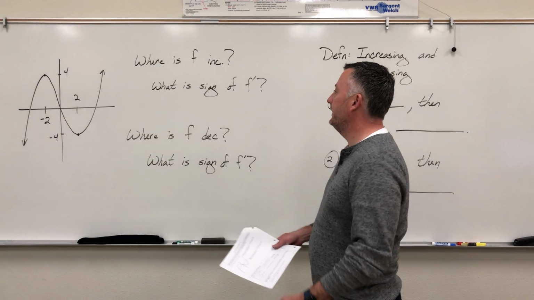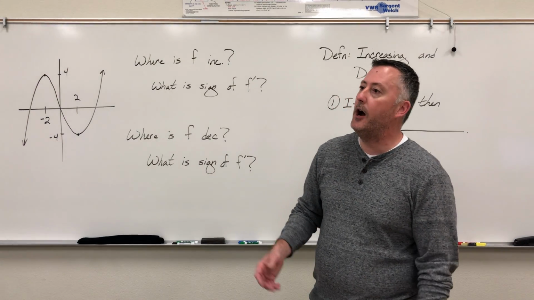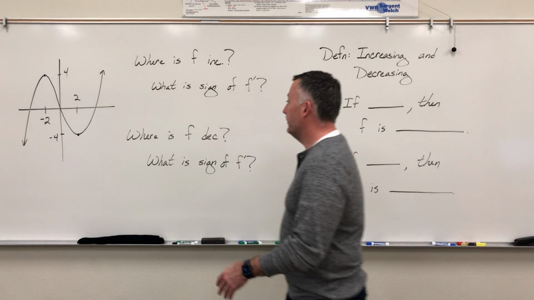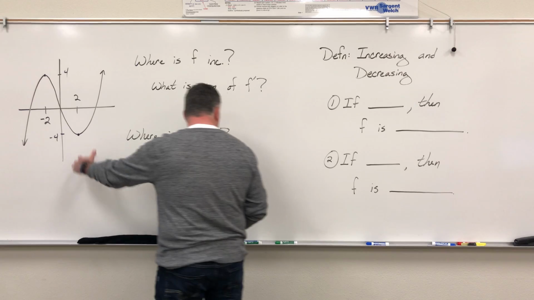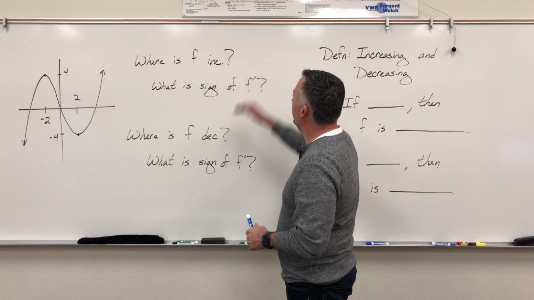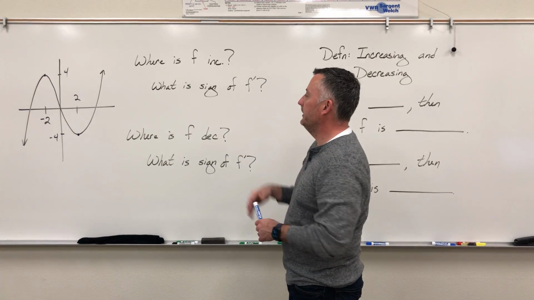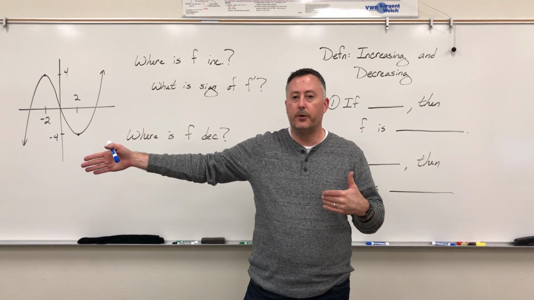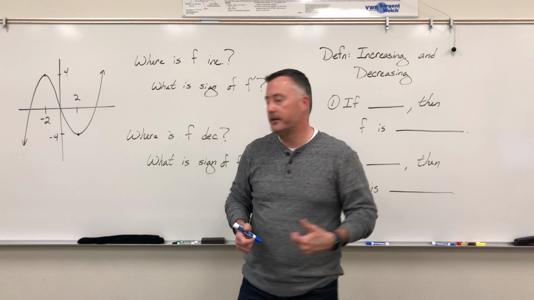So 4.3, we're looking at the first derivative test and how to use it and what it tells us about the function. So let's look at this function right here. Where is this function actually increasing or going up? When we give this, you're talking about intervals going from left to right.